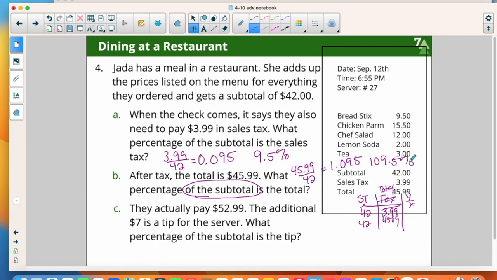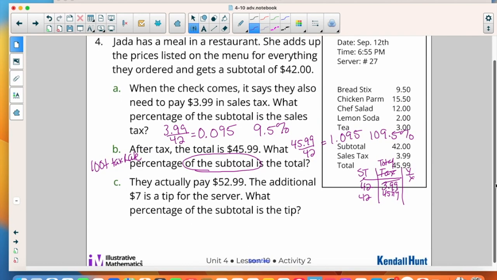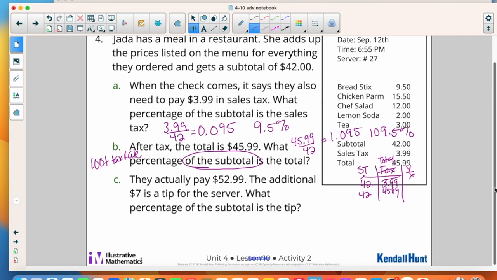And that makes sense because tax is an increase percent. And so we have 100 plus our tax rate to get our total rate. So they actually pay $52.99. The additional $7 is a tip for the server.